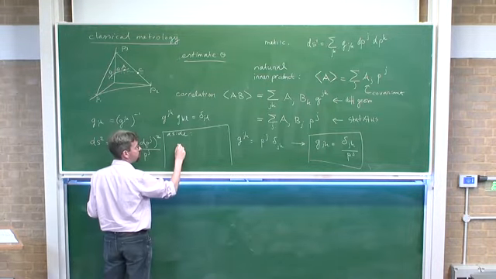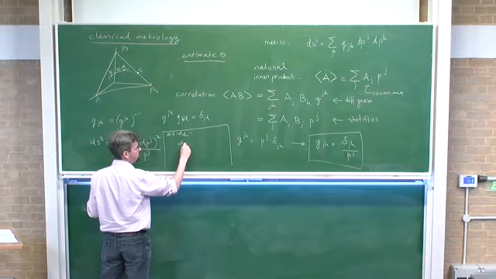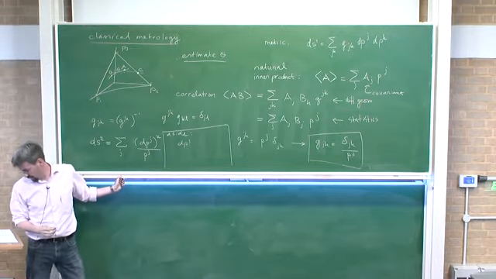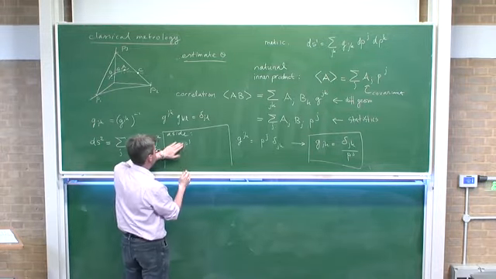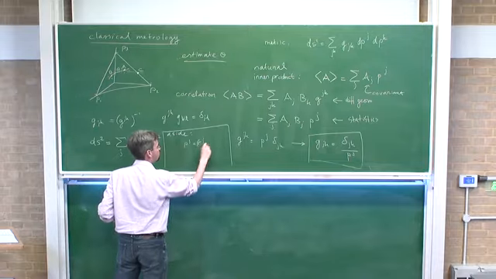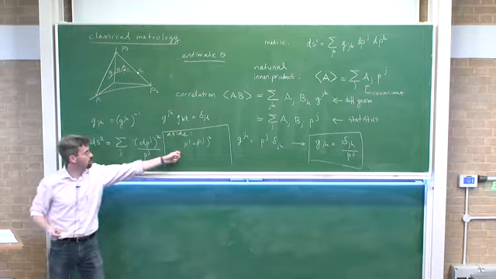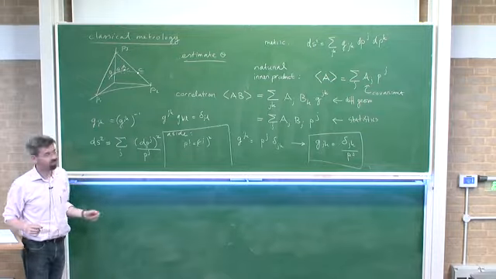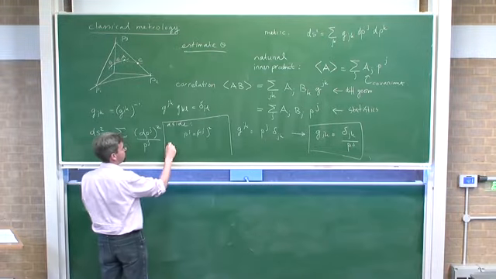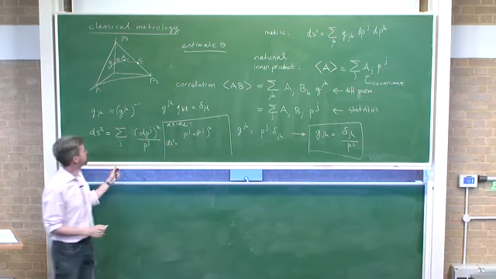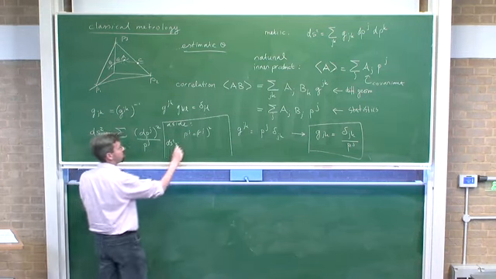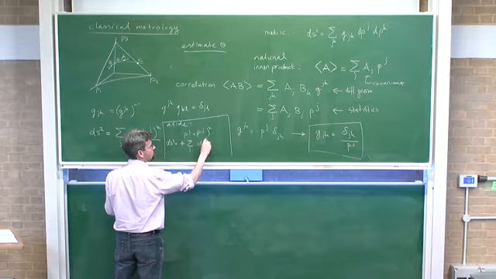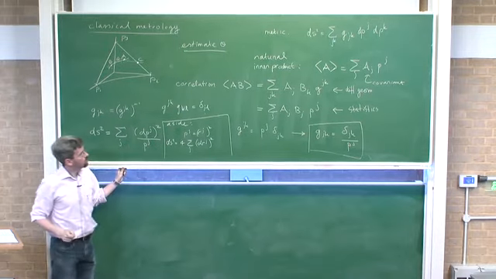If I take dp_j as, if I take the probability as the square of a probability amplitude, then ds squared, my infinitesimal distance, is given by this.